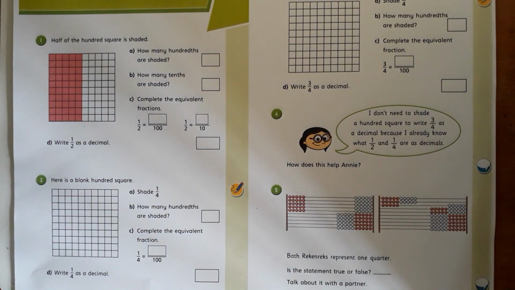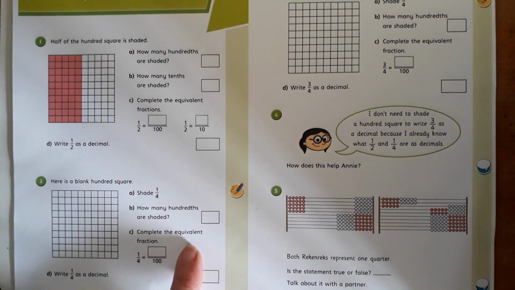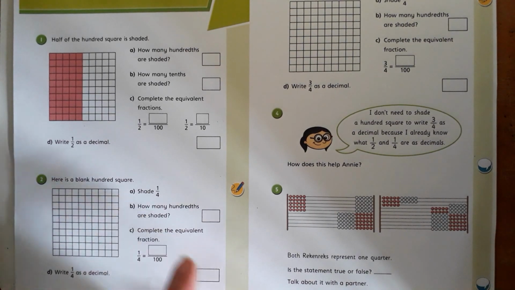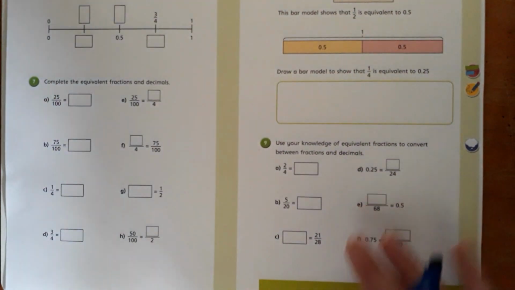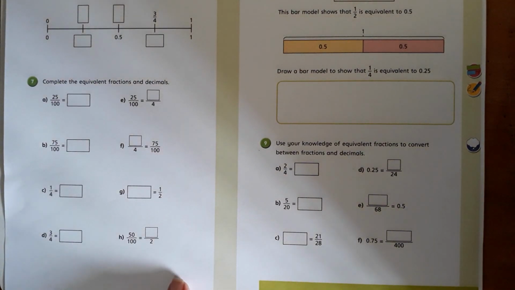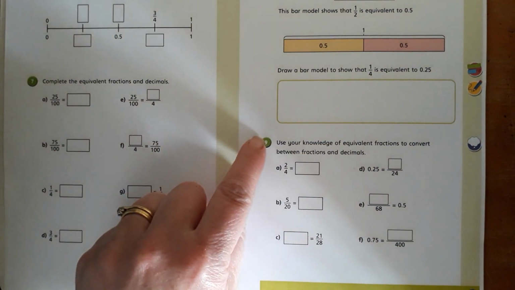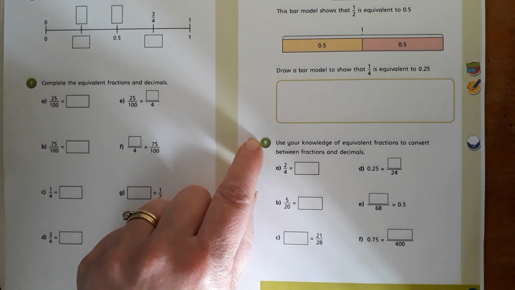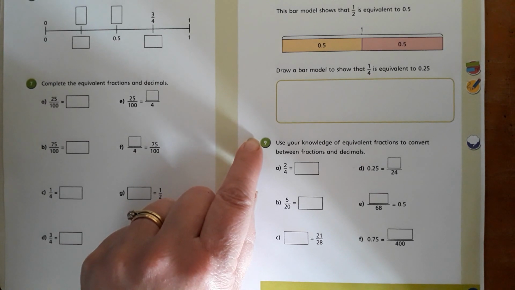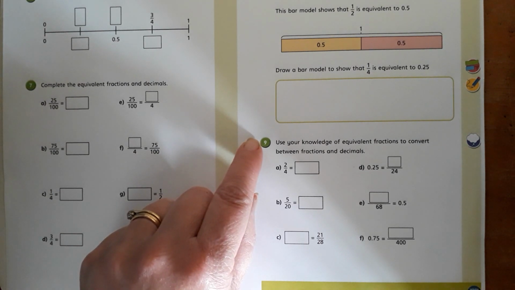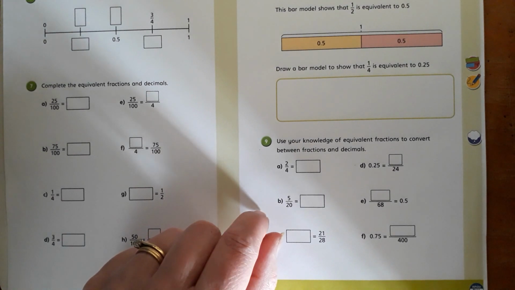Now, what I'd like you to do is to complete the first page of the sheets, and also the second page up to number 9. So do that now, pause the video and come back to it when you've done that work.